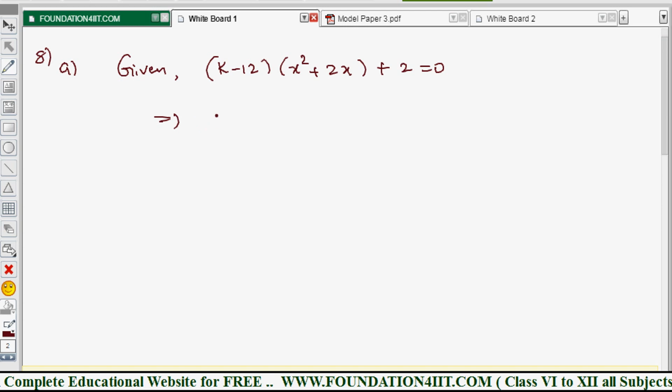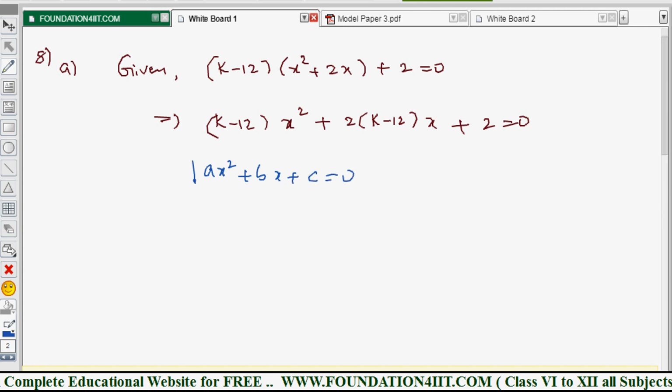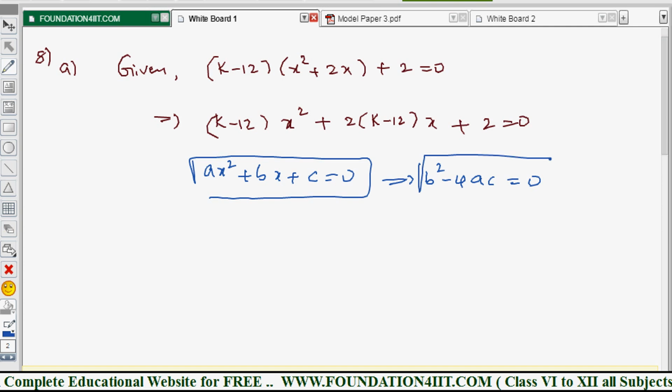Then that is (k minus 12) x square plus (k minus 12) into 2x, that is 2 into (k minus 12) x, plus 2 is equal to 0. Whenever any equation is in the form ax square plus bx plus c is equal to 0, when roots are equal, then b square minus 4ac is equal to 0. This condition will apply.